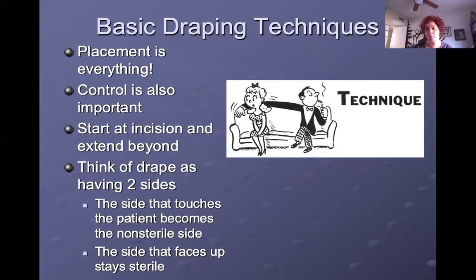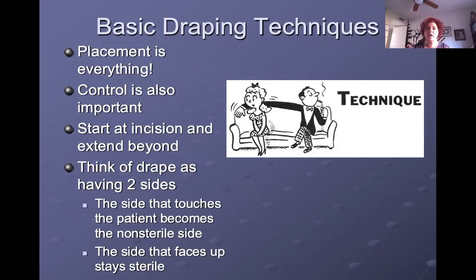Control is also an important thing, because if we remember our principles and practices, it says limit movements, right? So we don't want to flap, like when you're making your bed at home and you're shaking out the sheets, we don't want to do any of that. We're going to start at the incision and extend beyond, like I mentioned before. And you can think about the drape having two sides. The way the drape is folded, it's going to be inside out.